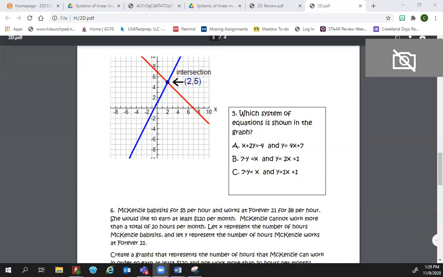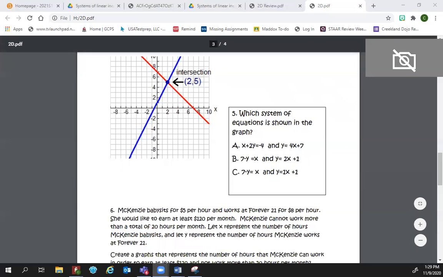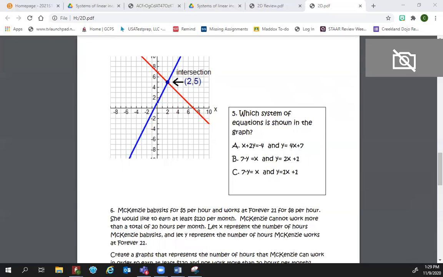All right, number 5. It says, which system of equation is shown in the graph? Do I already know the answer? What's the answer? 2, 2, 5, right? So what am I actually looking for?